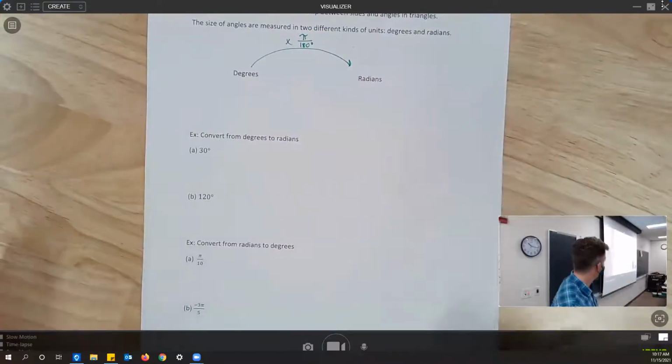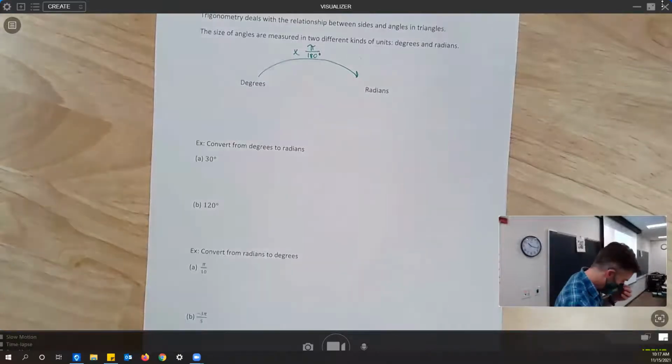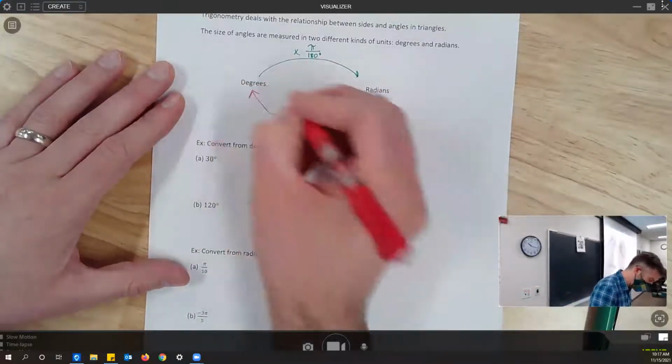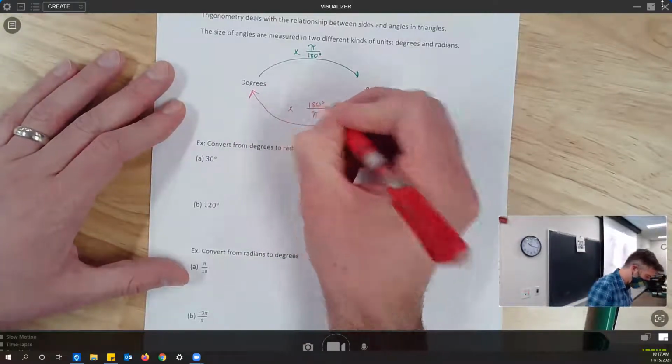So half a revolution, halfway around the circle, is 180 degrees, or it's half of 2 pi, which is pi radians. You go the other direction, from radians to degrees, we multiply by 180 degrees over pi.